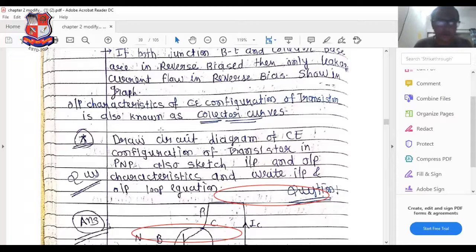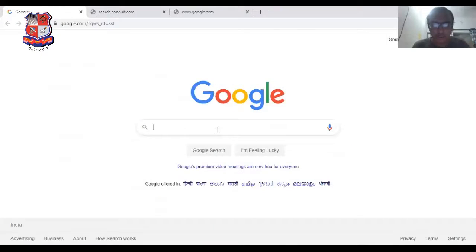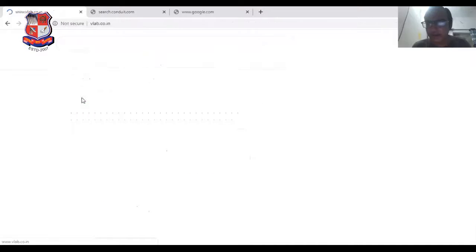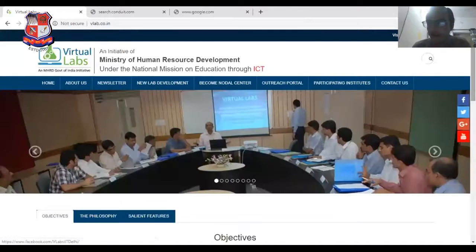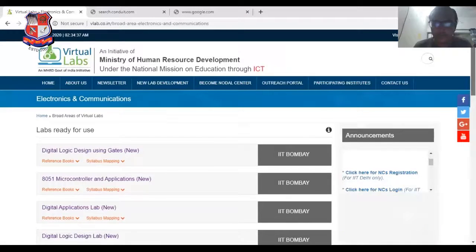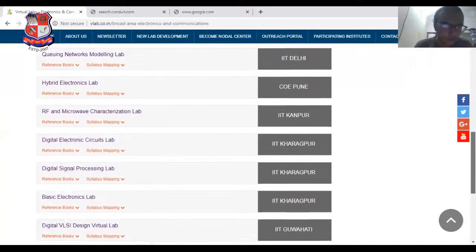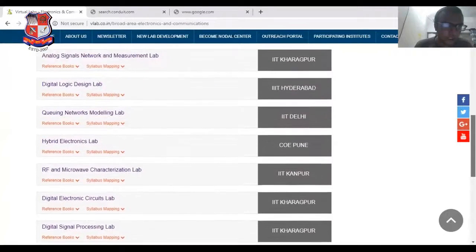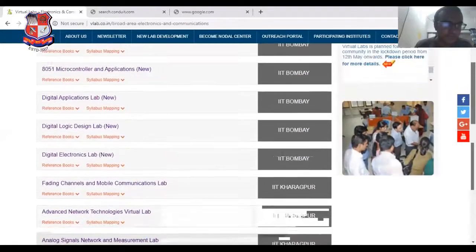Now we have to concentrate on the practical, the live practical in the virtual lab. Simply write virtual lab. This is an online, free tool for electronics and communication.